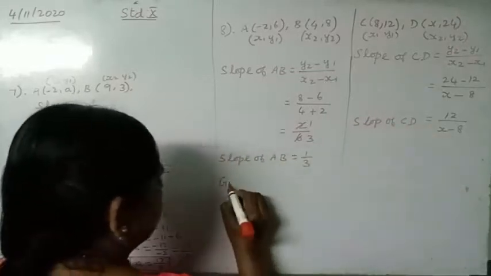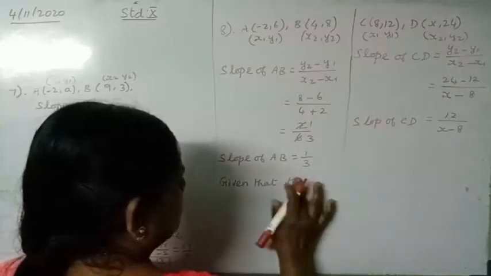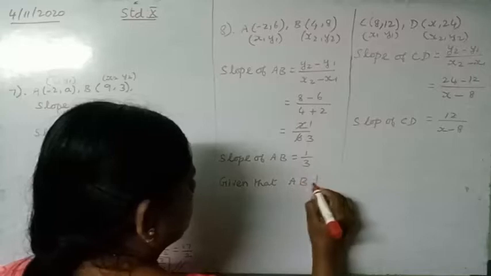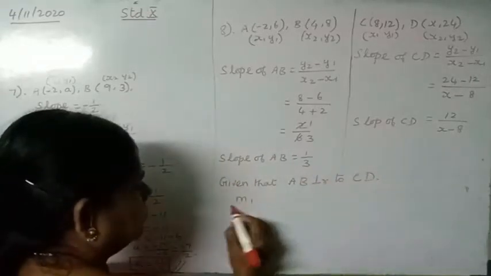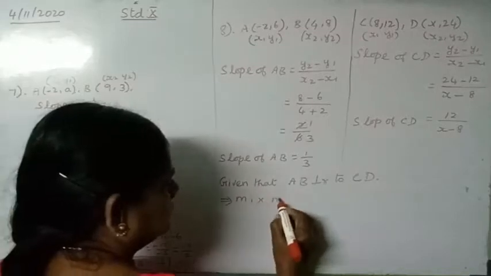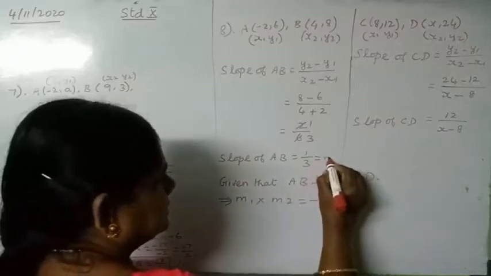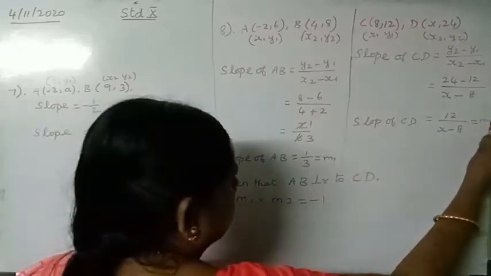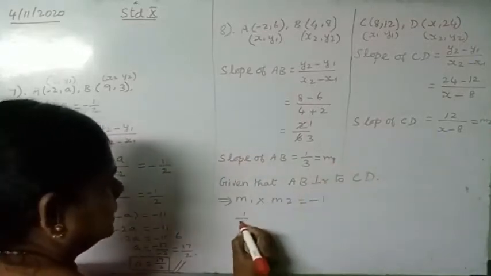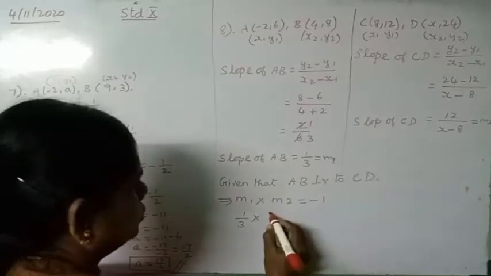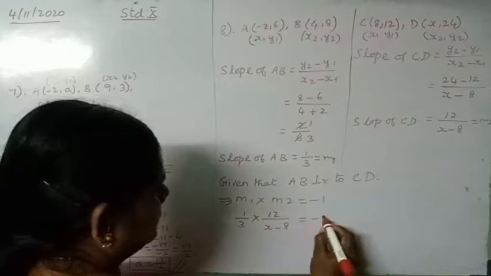And now given that AB is perpendicular to CD. What does that mean? Which implies m1 into m2 is equal to minus 1. Take this as m1, take this as m2. Now we substitute. What is m1? 1 by 3 into what is m2? 12 by x minus 8, which is equal to minus 1.